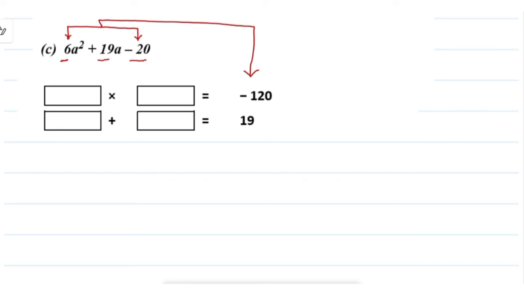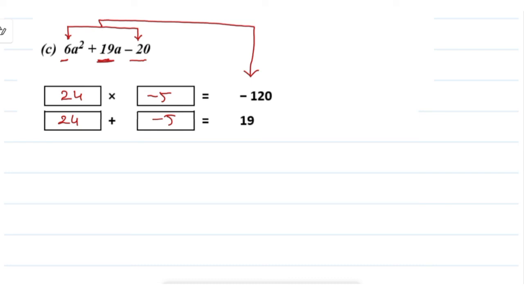So we're looking for two numbers whose product is negative 120, and whose sum is positive 19. As we had done previously, 24 times negative 5 gives us negative 120, and 24 and negative 5 give us 19. So these are the two numbers by which we can write it.